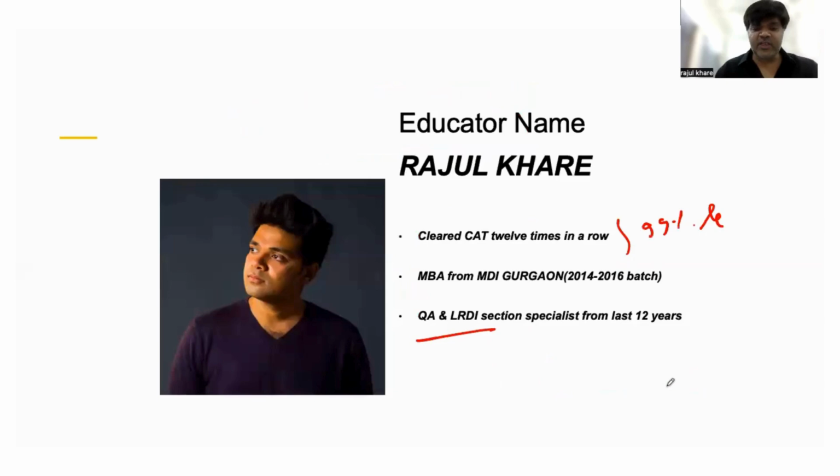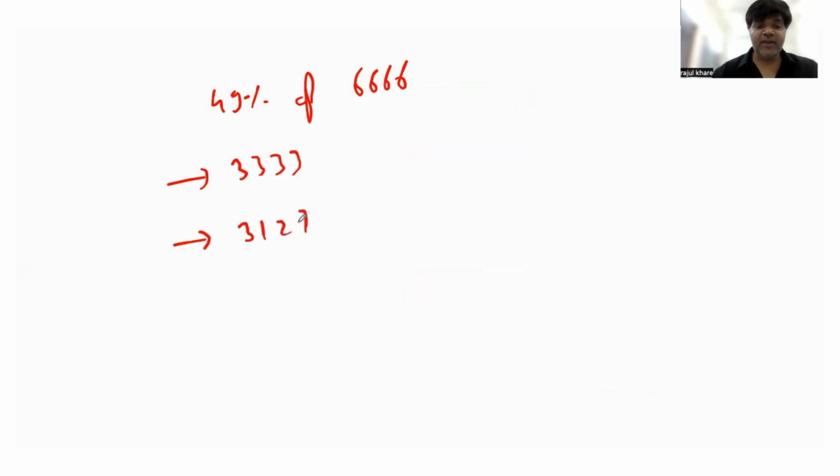Suppose a question of data interpretation comes like this, and somebody asks you, what is 49% of 6666? And the options are 3333, another is 3127, another is 3266, another is 3366.